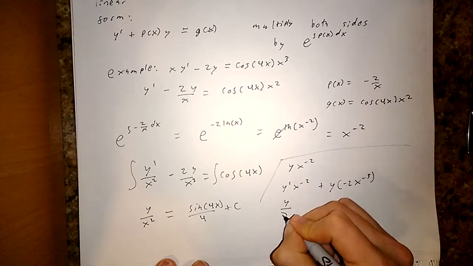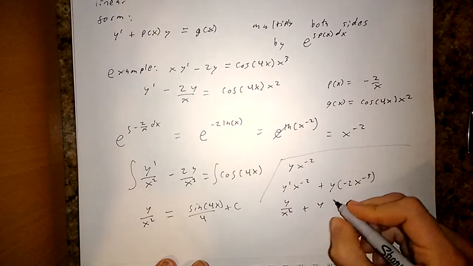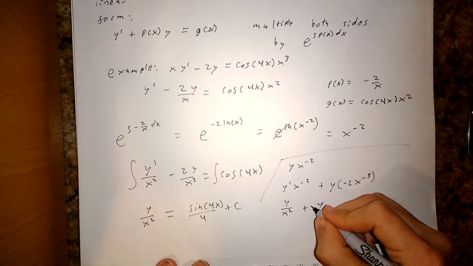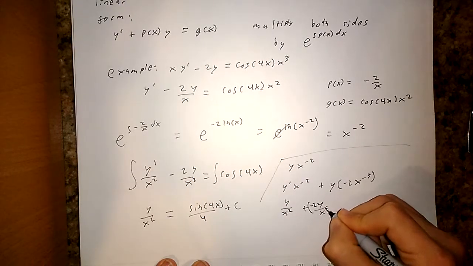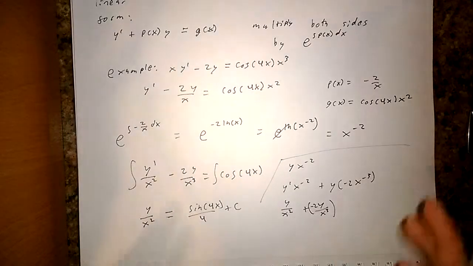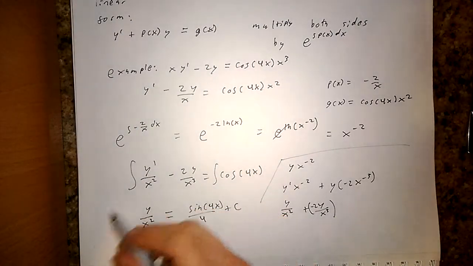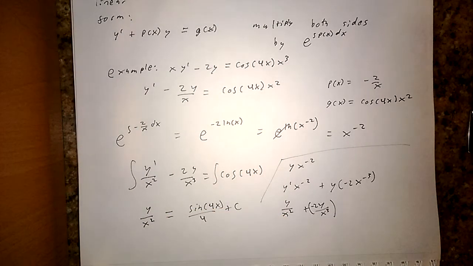Rewritten, it's y prime over x squared plus negative 2y over x cubed, which is what we had here. So I'm just proving that that works, and that is what we end up getting for this type of thing.